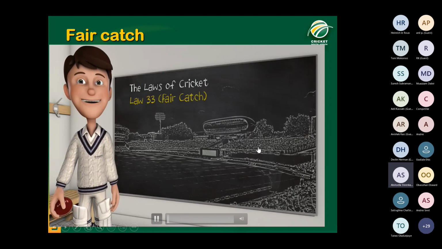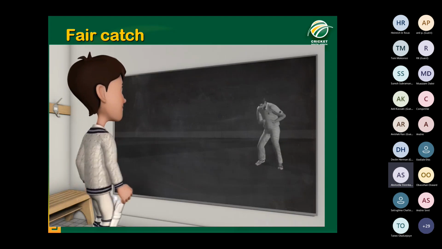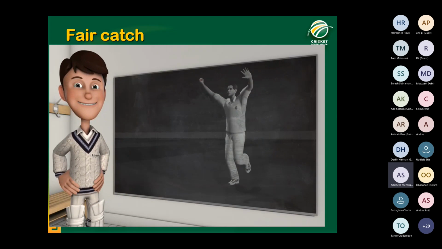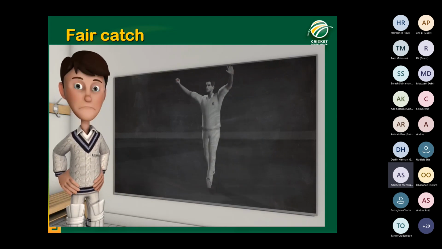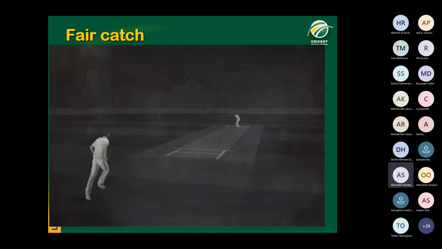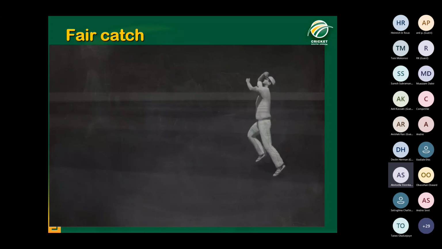Fair catch. A catch shall be considered fair if the ball is held in a fielder's hand, hugged to the body of the catcher, or accidentally lodges in his or her clothing, helmet, or protective equipment. But of course, this being cricket, it isn't always that simple.